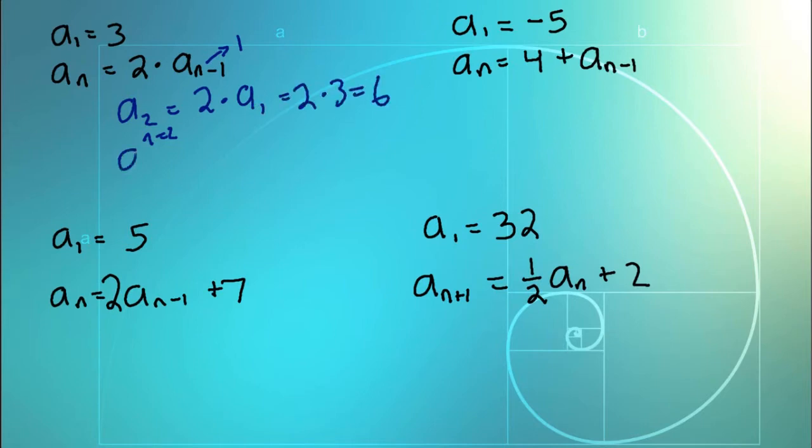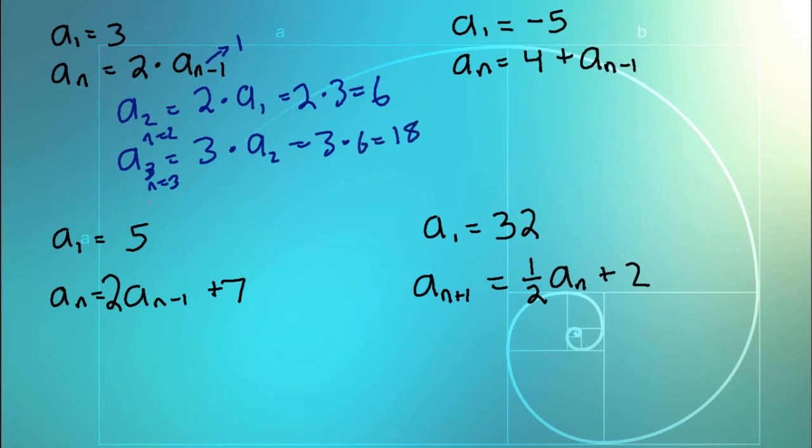Now, if I wanted my third term, that's going to be 2 times, so this is the third term. This would be n. N is 3, which means the previous term would be the second term. So that's going to be 3 times, well, my previous term was 6, because a sub 2. So I get 18 right there.